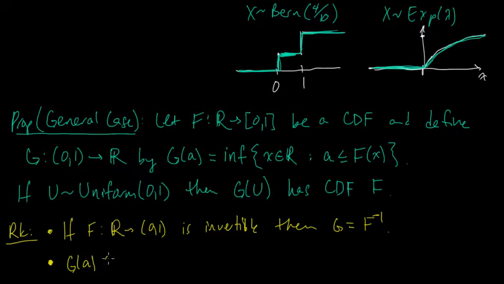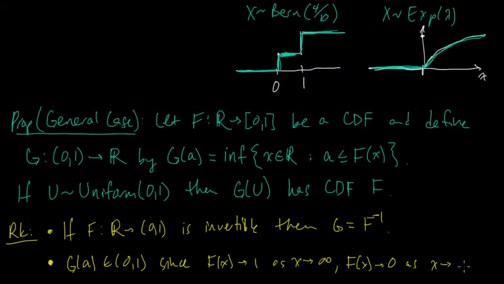So G of a is indeed in this interval. For the case when a is near 1, you need to ensure that this is a non-empty set to ensure that the infimum is not infinite, and that turns out to be the case because of this.